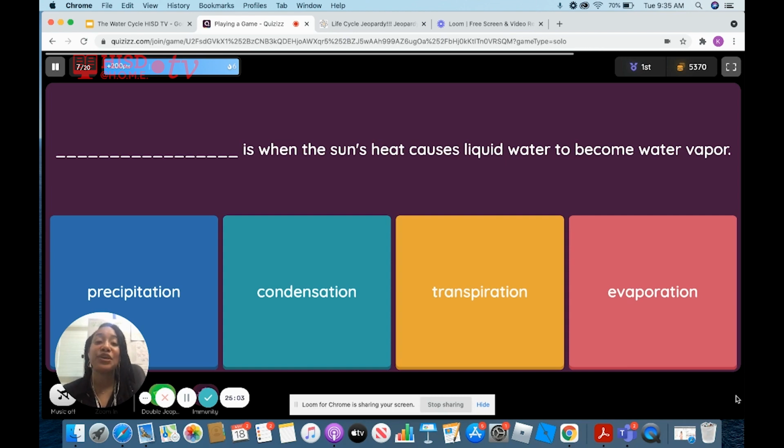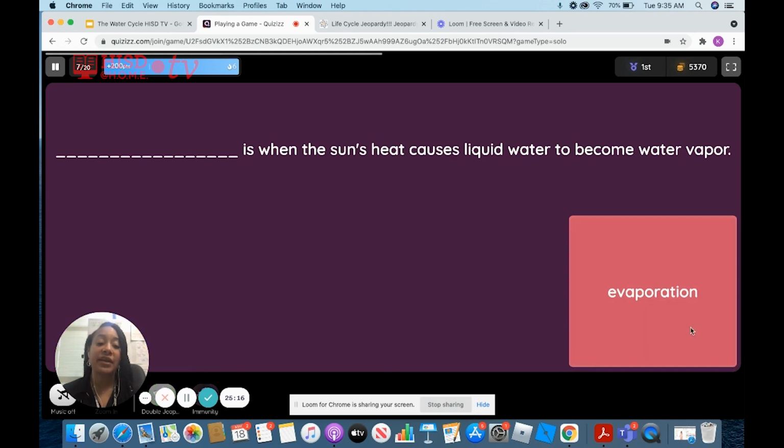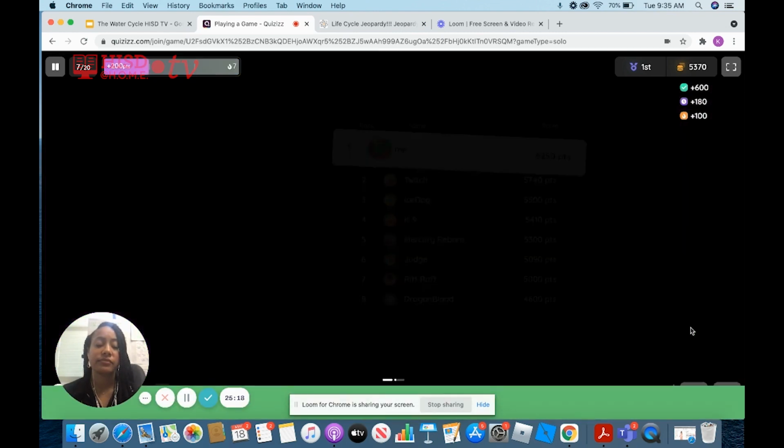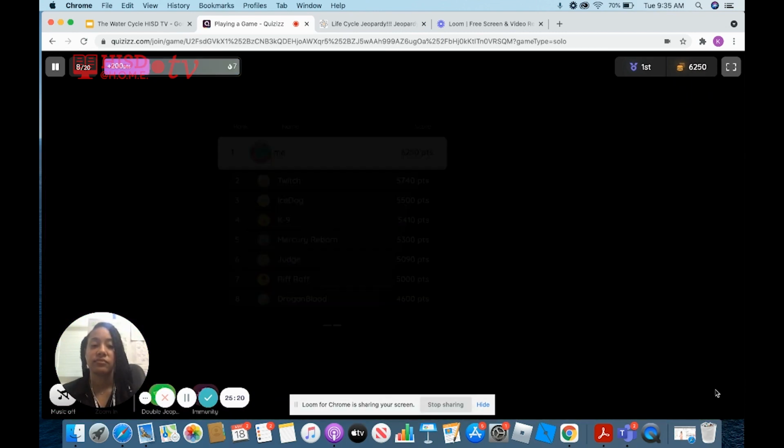So blank, and I'll read that one more time. Blank is when the sun's heat causes liquid water to become water vapor. So changing from a liquid to a gas. What stage are we describing right now? Yes, we are describing evaporation.